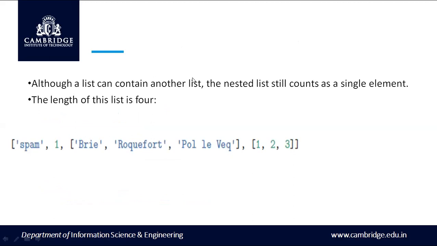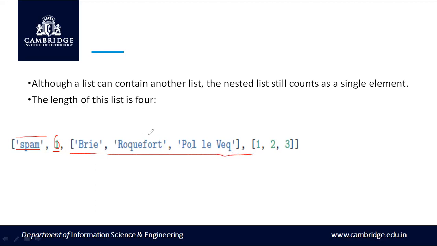Although a list can contain another list, the nested list still counts as a single item. Here you can see the length of this list is 4. This is the first item and this is the second item. Here we have a string element, and this is the integer element. Observe here that we have a list as an element.